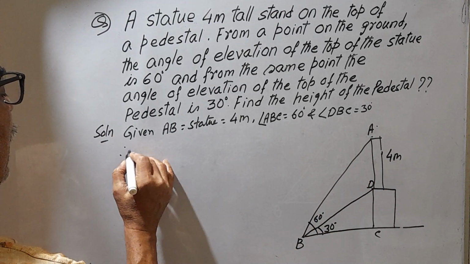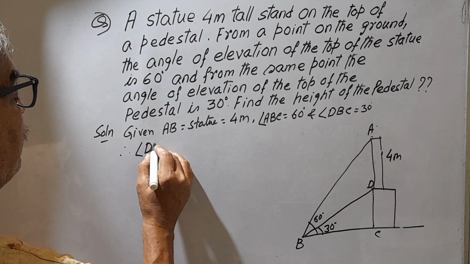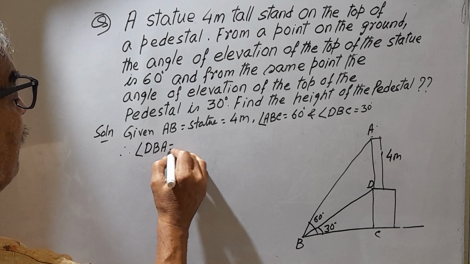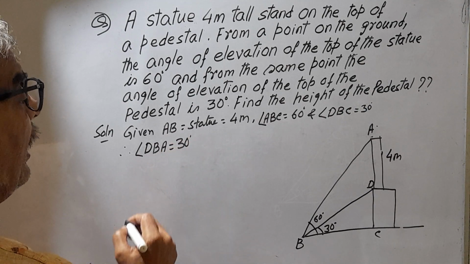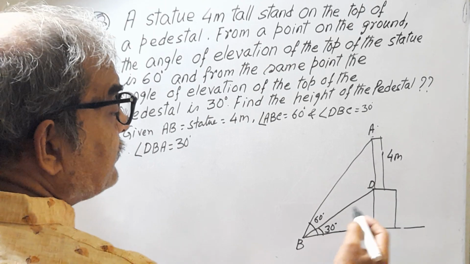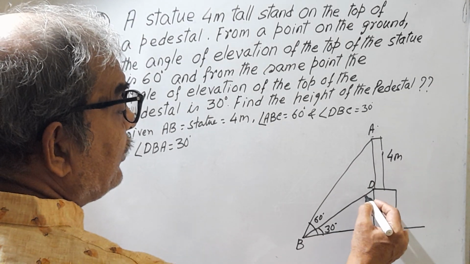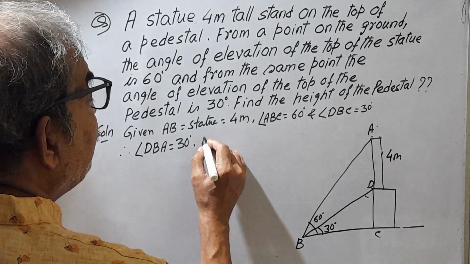Therefore angle DBA equal to 30 degrees. Clear? And angle this is 30 degrees, 90 degrees, ये वाला 60 degrees हो जाएगा.